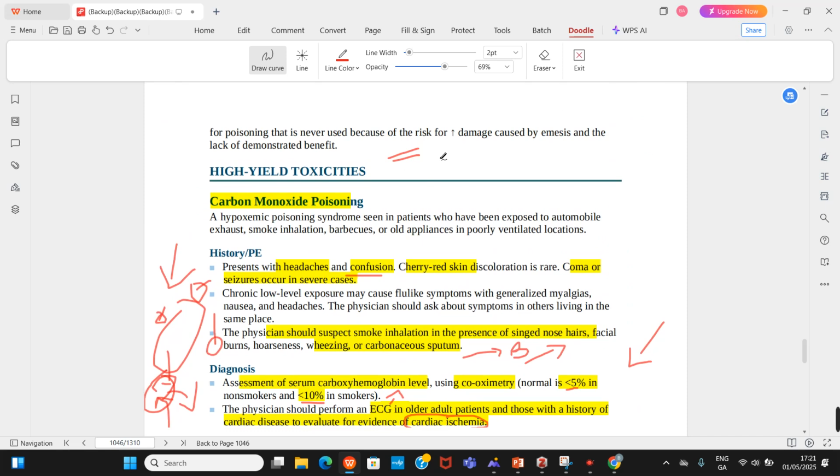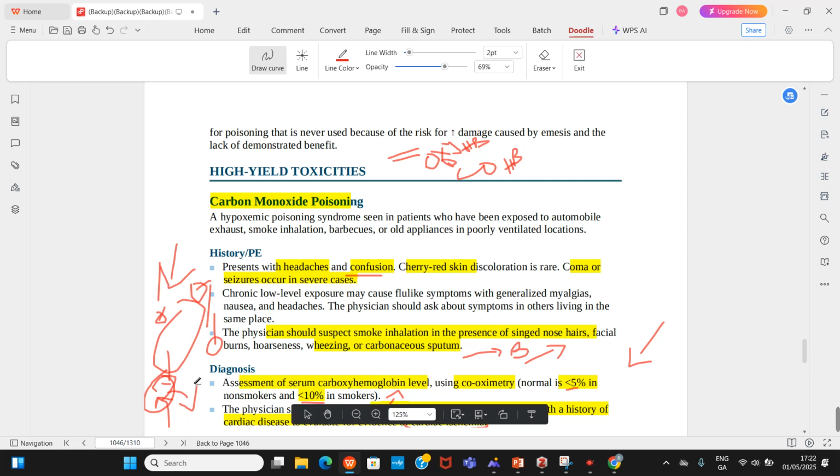So the problem with the pulse oximeter is that it doesn't have the ability to distinguish between oxyhemoglobin and carboxyhemoglobin. So even though 3 sites of the hemoglobin are occupied by carbon monoxide and only one site is occupied by oxygen, it doesn't see it as carboxy.